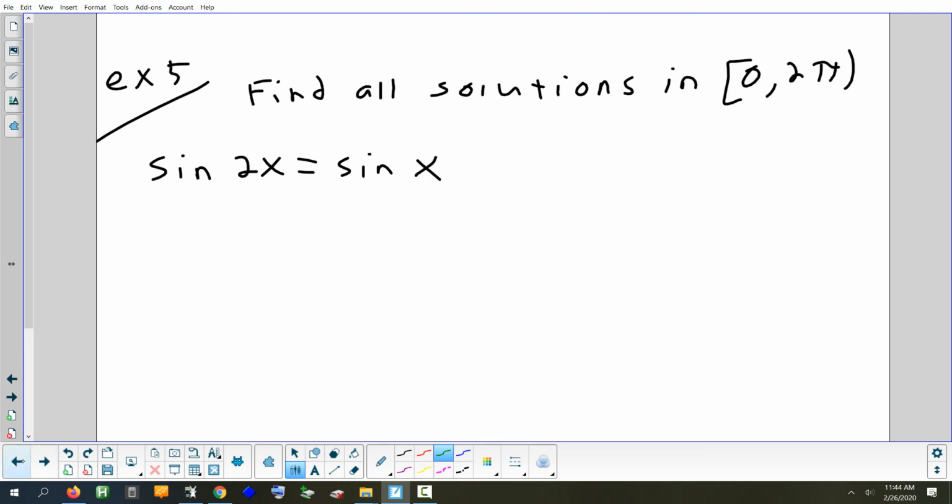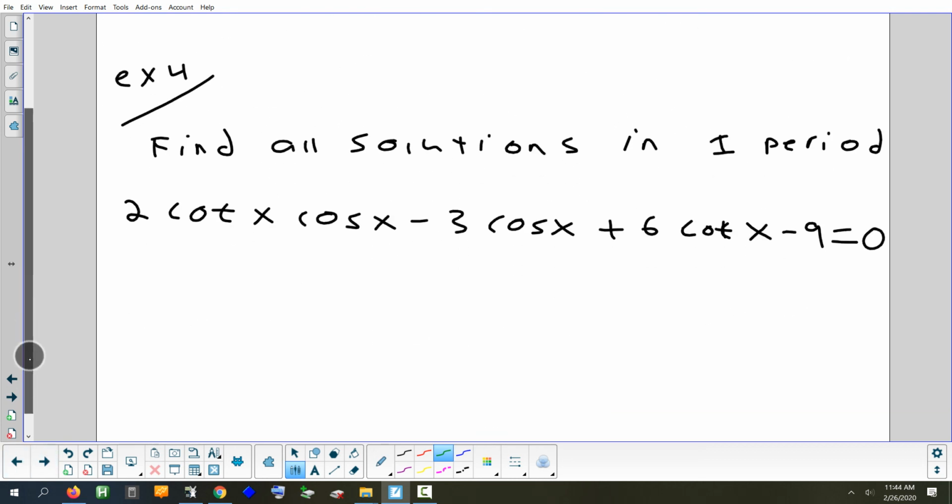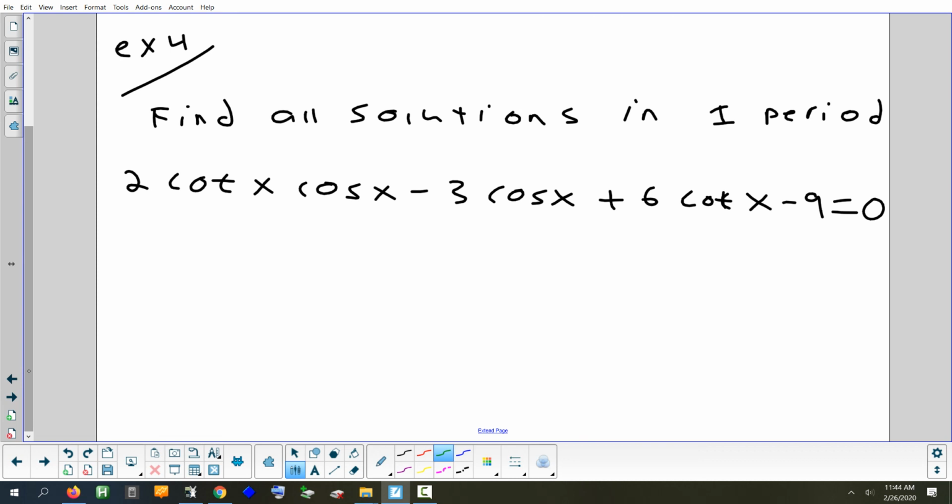All right, so we have that one and that one. Two left. If you look at this one, it looks different. How many terms do you see in that problem? Yeah, there's 4. Anytime you see 4 terms, it's not a quadratic pattern at all.